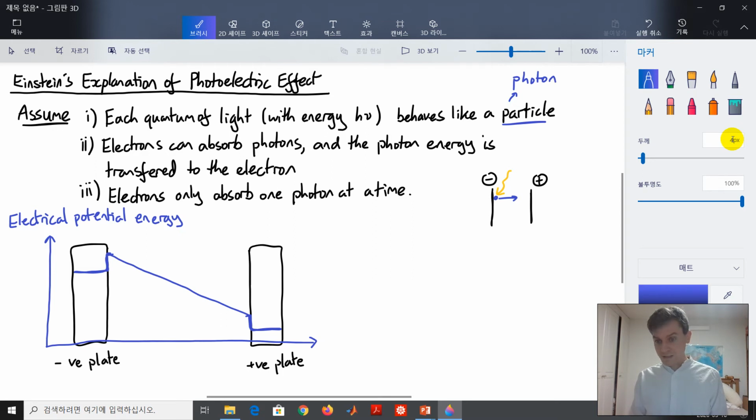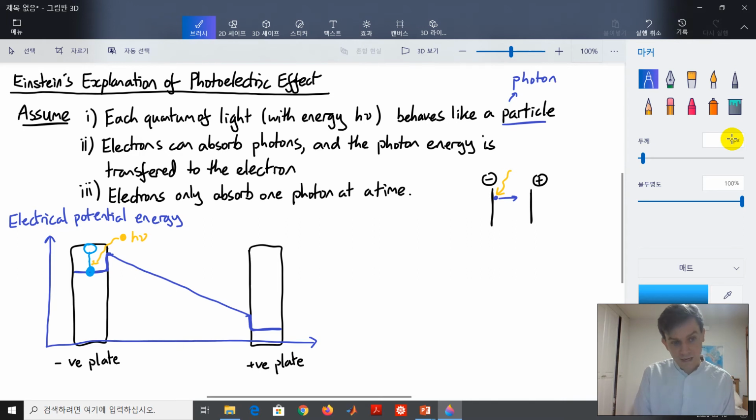So now let's imagine that we have an electron which is sitting here in the negative plate, and we shine a photon. So here's a photon of energy h nu, and it's absorbed by this electron. Because it's absorbed, the electron energy is going to jump up to somewhere here.